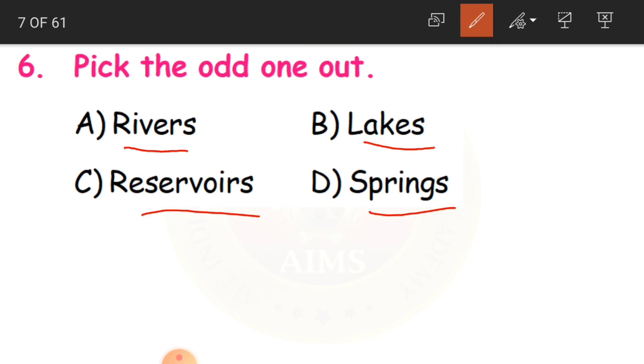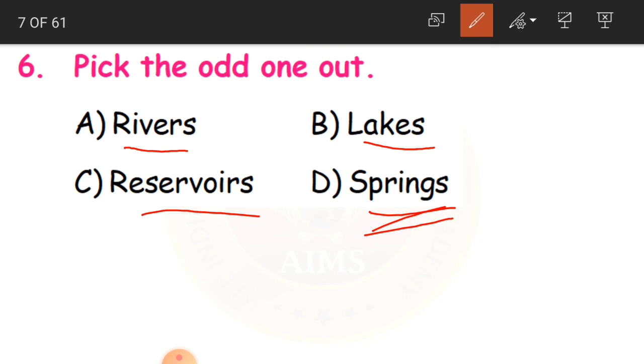There are natural reservoirs and also artificial reservoirs, in the sense some which humans have built for storage of water and to supply the water. And springs means when groundwater is so much in quantity, then it overflows. That we call springs. So when the groundwater overflows, it is called springs.